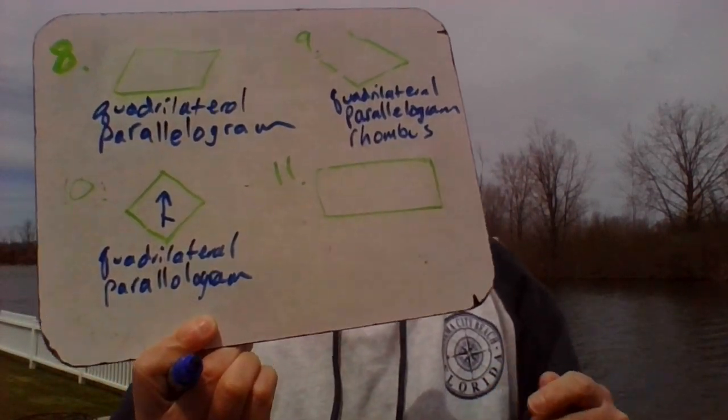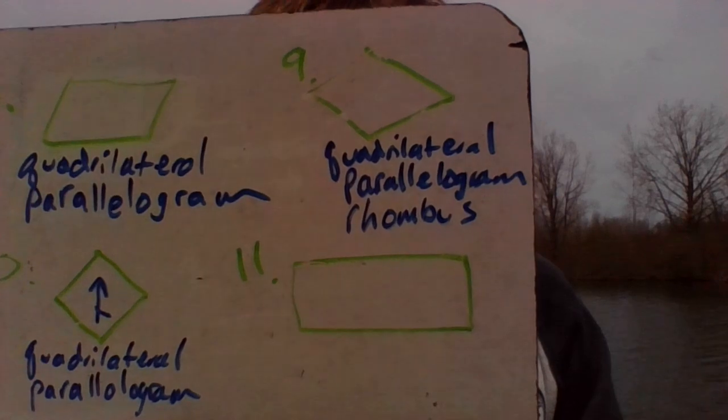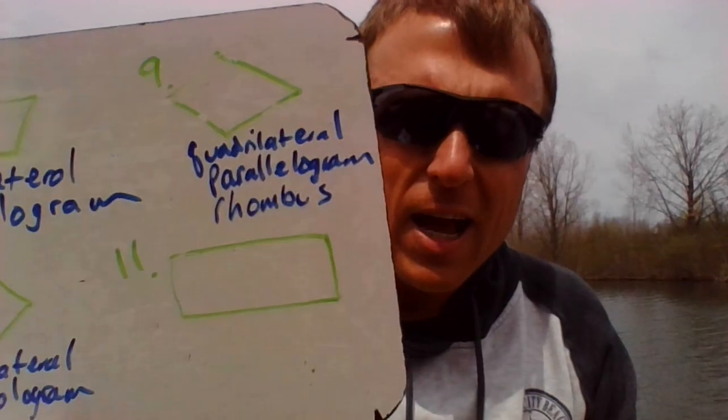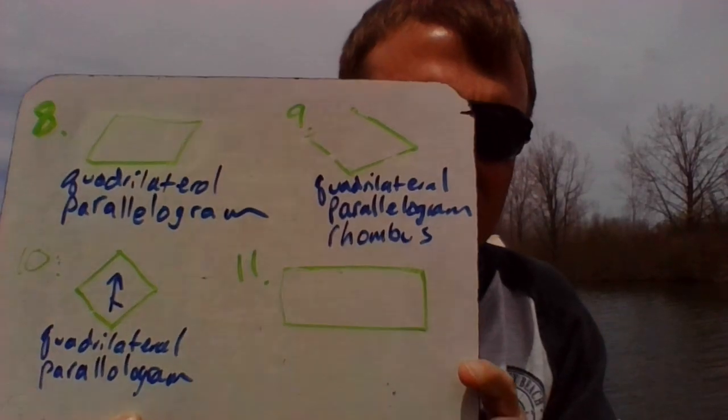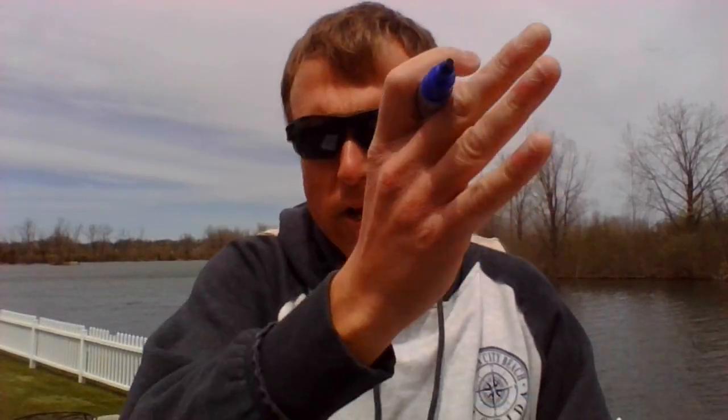All right. So we got the parallelogram. Now, let's see. Does it have right angles? Look at that shape carefully. Think about it. Do you think that has right angles? A lot of times we think of a square as being up and down and a rectangle as kind of straight, right? Now this one does have right angles.